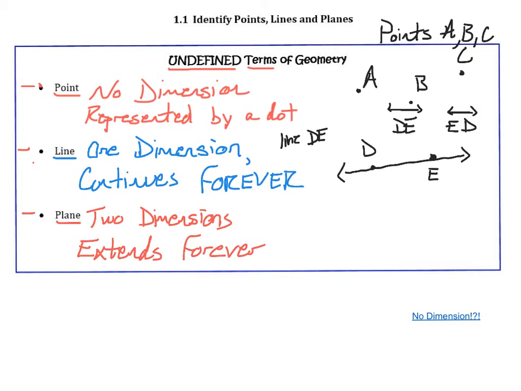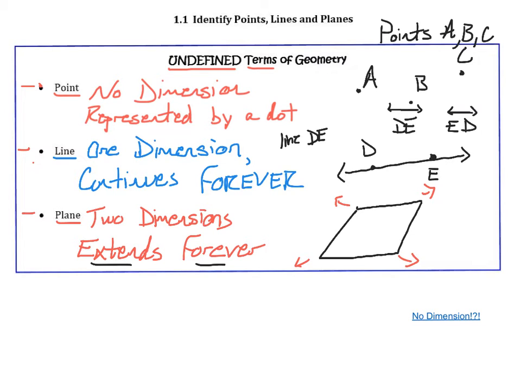To represent that, typically you'll see a plane drawn like this. It's kind of like a parallelogram or a slanted rectangle, you might say. It does have some border, but remember that it extends forever. So technically I've drawn a border around it, but it keeps going, similar to the line.